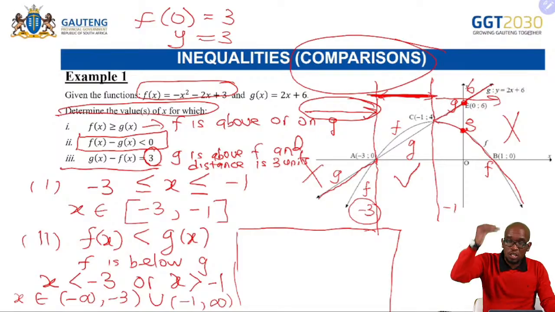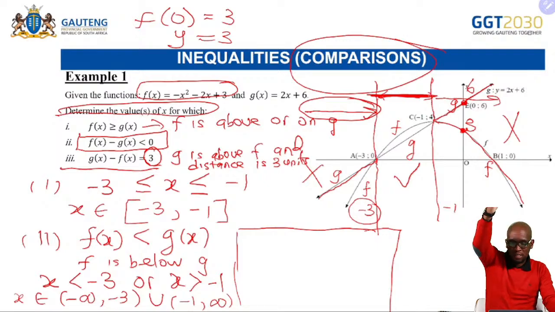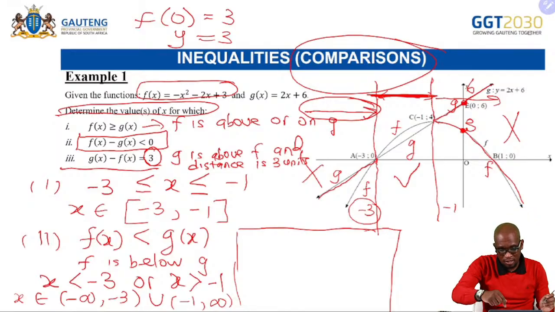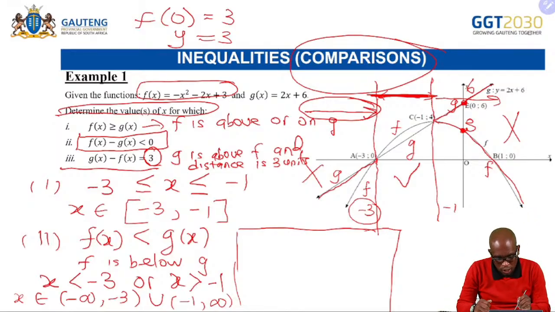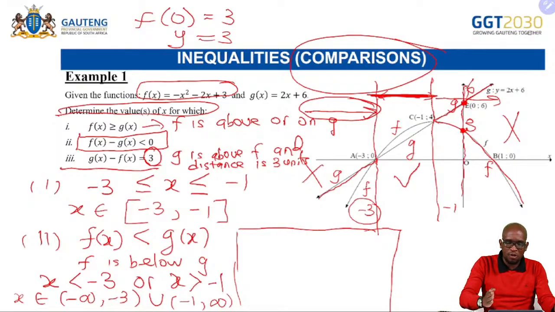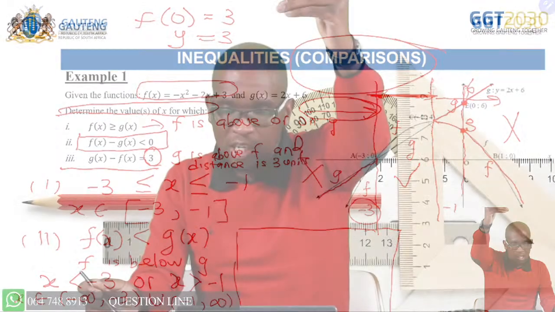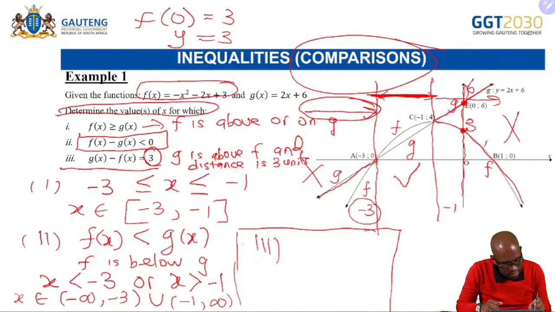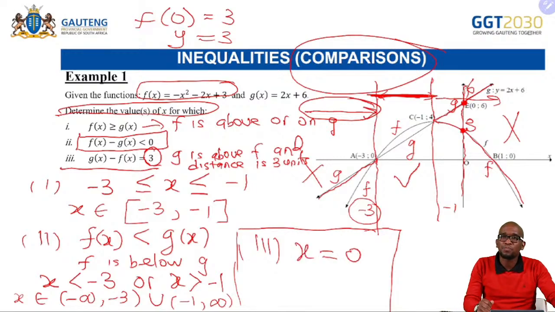So the value of g is 6 and the value of f is 3. g is above with 6, f is below with 3. Now, if you get the difference between the two, 6 minus 3, you're going to get that the distance becomes 3 units. But we are looking for the value of x. This occurs here. We are looking for the value of x where g is above f and the distance is 3. So 6 minus 3 gives us 3, and that occurs when x is equal to 0.